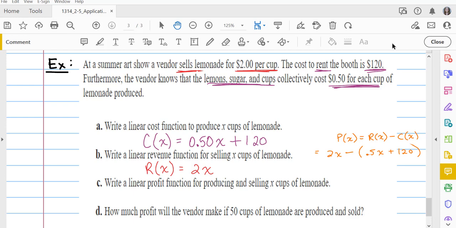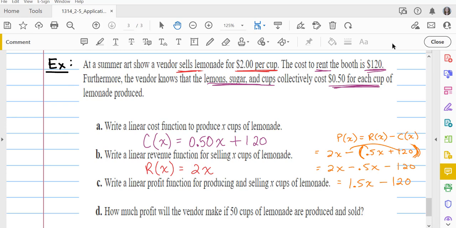I tell you to put parentheses around your cost because you need to distribute this subtraction. So 2X minus 0.5X minus 120, you get 1.5X minus 120.